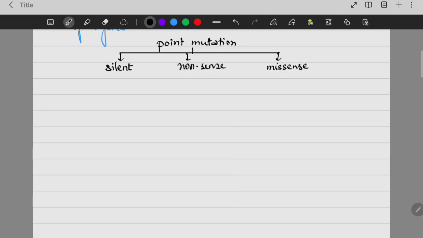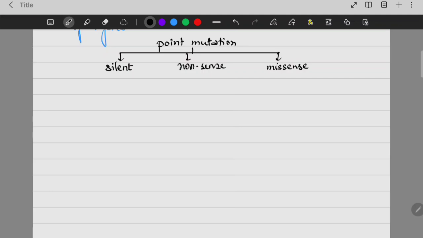Okay, so now the first one is silent. Silent mutation means, if I take an example, at the mRNA level, for lysine the genetic codon is AAG. But if there is a point mutation such that in place of G there is A, meaning AAA, the AAA also codes for lysine.